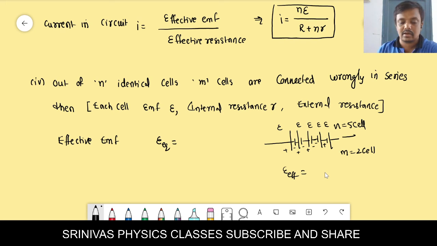How many cells are correctly connected? Yes, somebody is telling. Vishal, tell me. 5 minus 2, 3 is the answer, right? This is the answer given by Vishal.